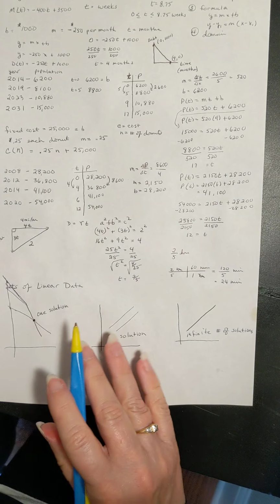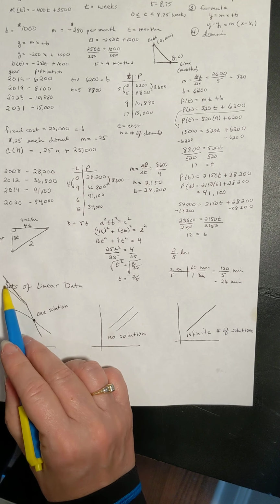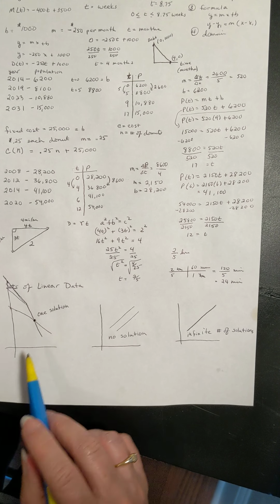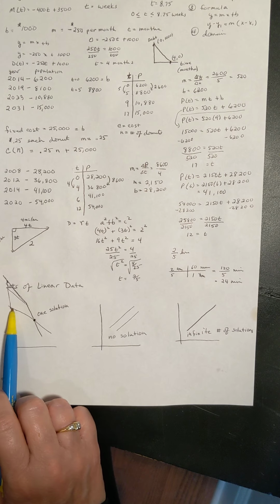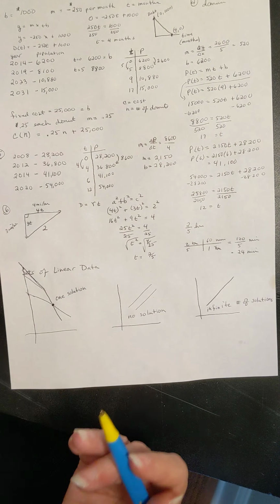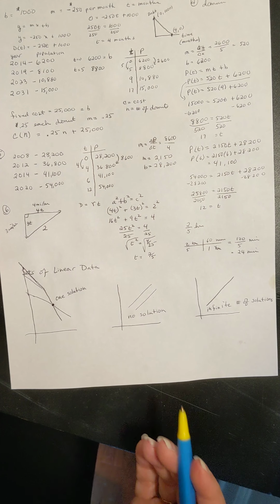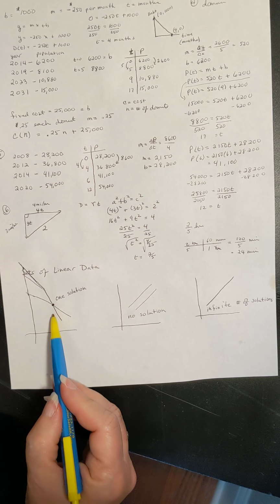So the original cost of the first truck would be higher, but it costs less per mile. And then this one would be a lower original cost, but it costs more per mile. And you wanted to figure out, well, which truck do you want to use for moving? And so you could figure out the number of miles.